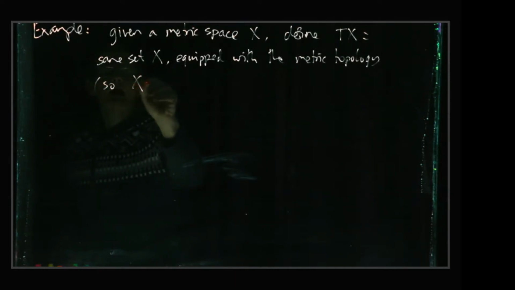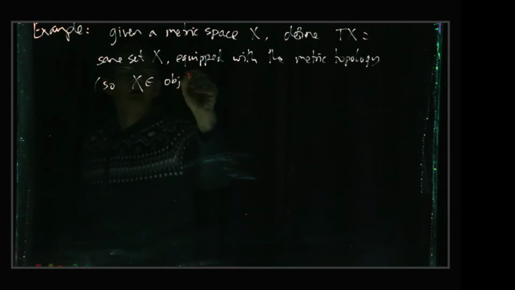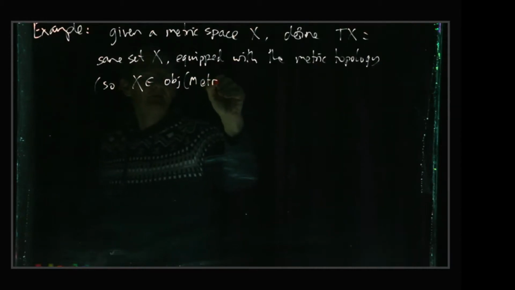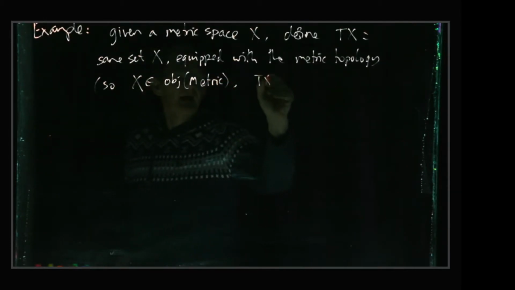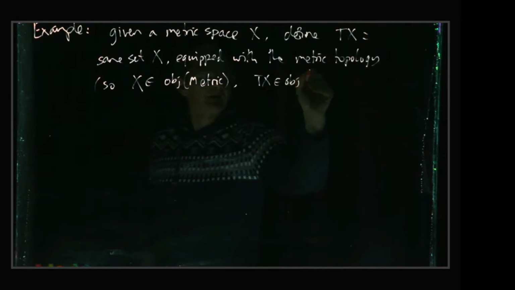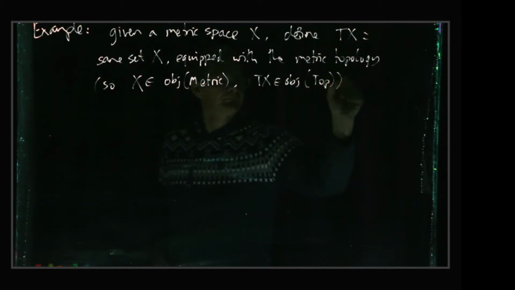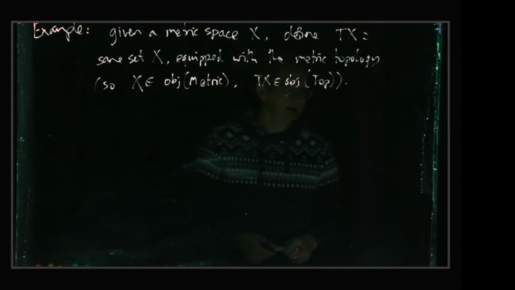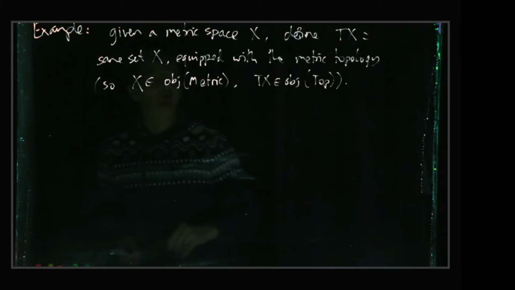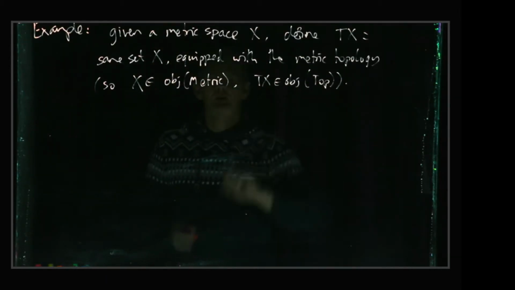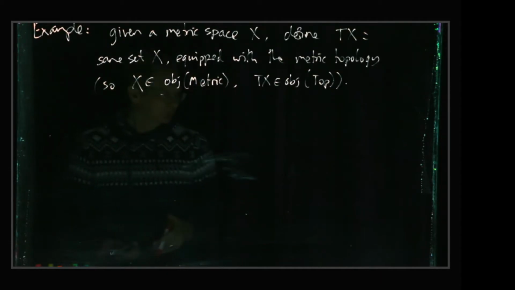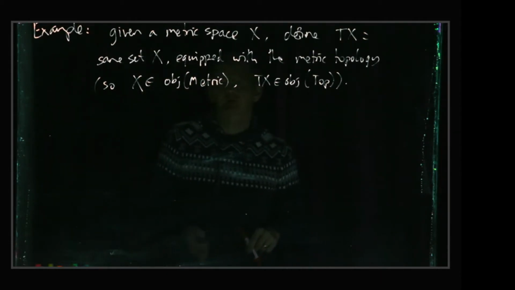So here, X is an object of the category of metric spaces. TX is an object of the category of topological spaces. So that's a way of converting objects of one category to objects of another category. But to promote it to a functor, we need to say what's its effect on morphisms.